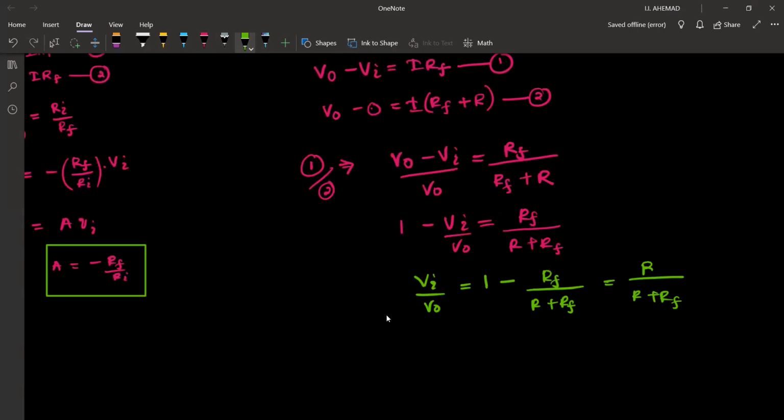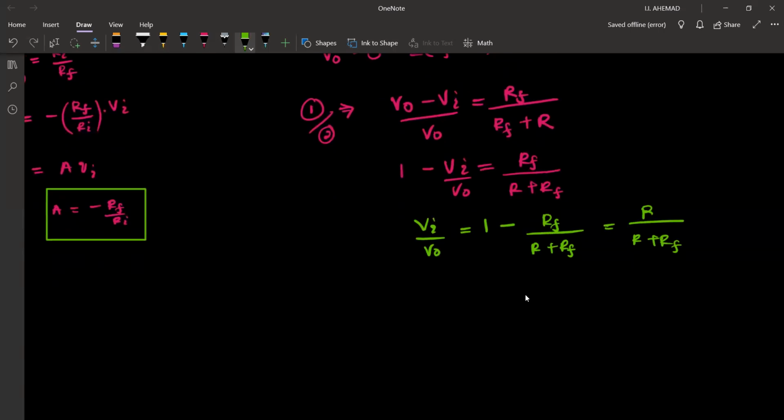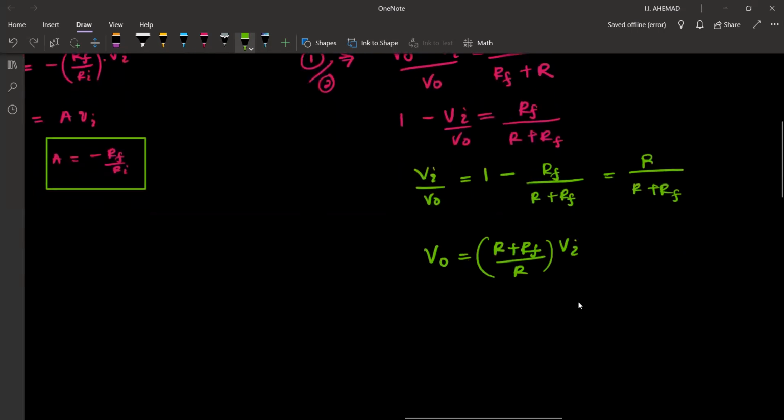Yeah. So we need V0. If I subject V0, V0 is equal to, you will have to cross it, R plus Rf over R into Vi. So we get V0 is equal to Rf over R plus 1 into Vi.